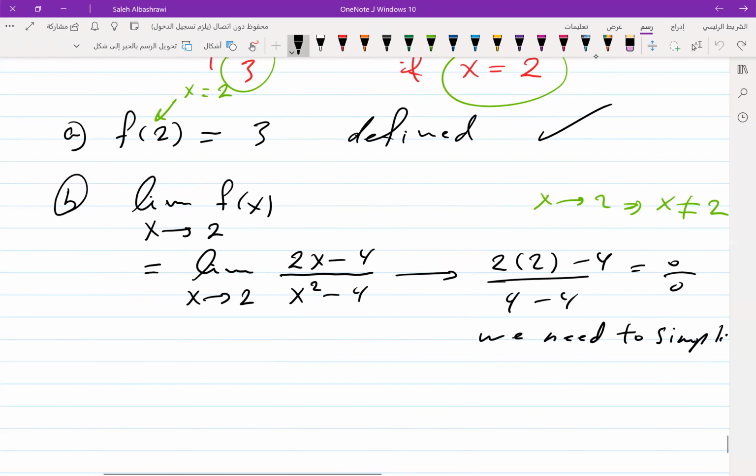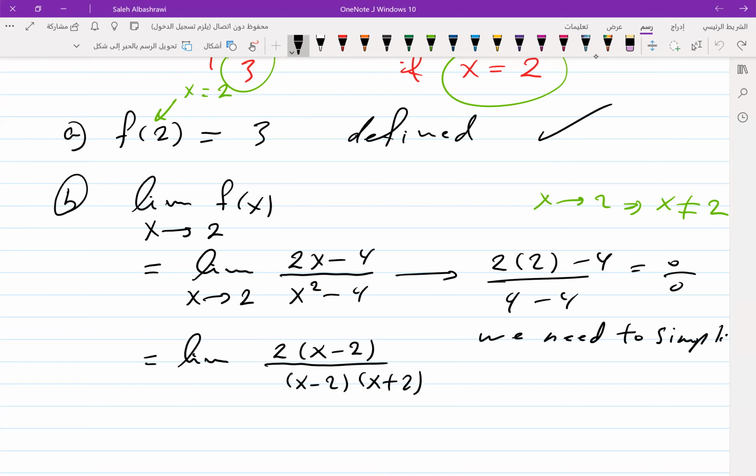So I will have the limit of, take 2 as a common factor from the numerator, I will have x minus 2, and down it will be x minus 2 multiplied by x plus 2, where x goes to 2. Now we have a common factor, x minus 2 with x minus 2.